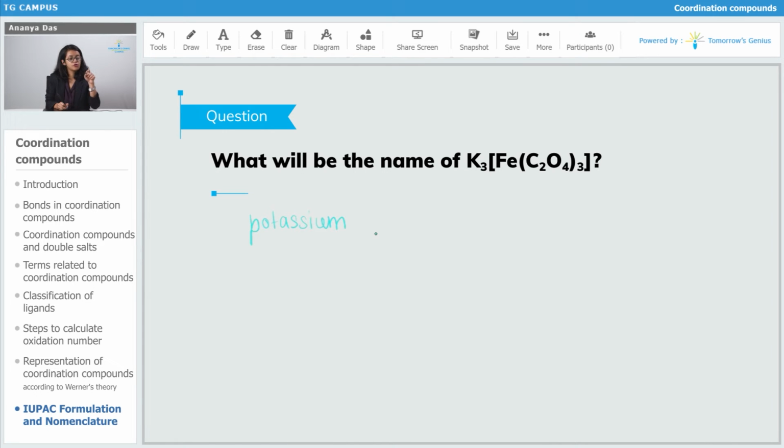Then we have to write the name of the ligand first. What ligand is this? C2O4 negative. It's oxalate or oxalato, because oxalate ends in ate, so it will change to oxalato. And there are 3, so it will be trioxalato.